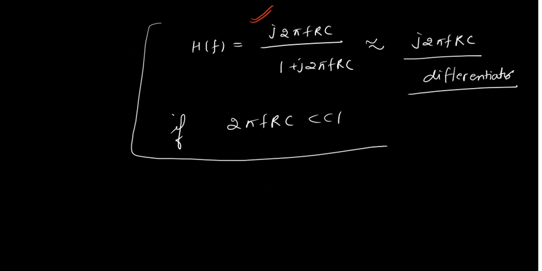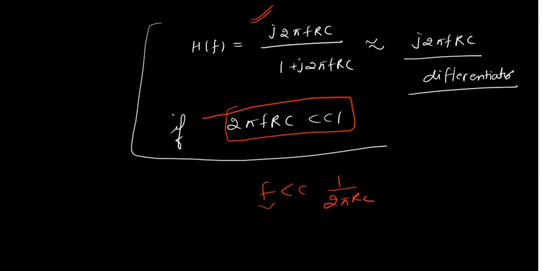It can be approximated as a differentiator if this property is satisfied over this range of f.